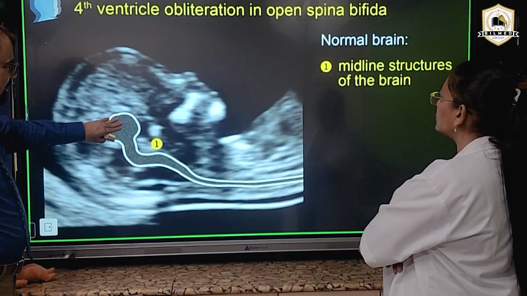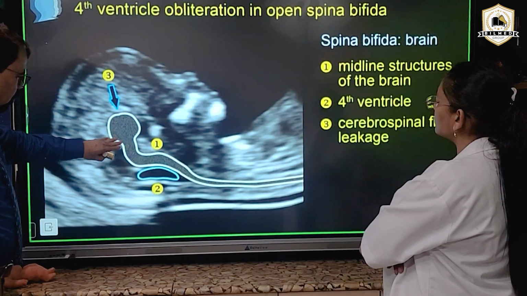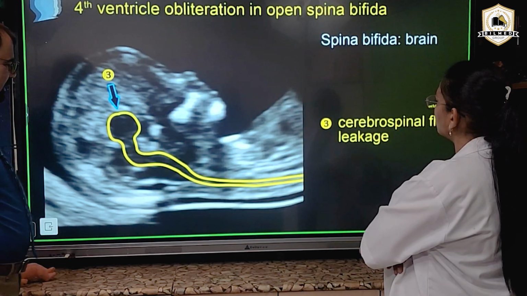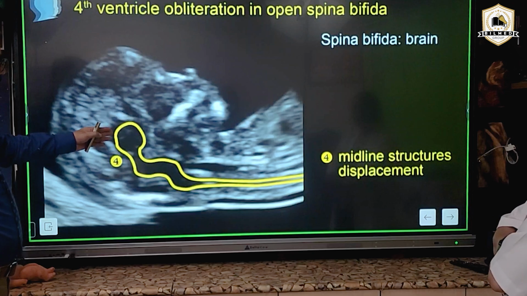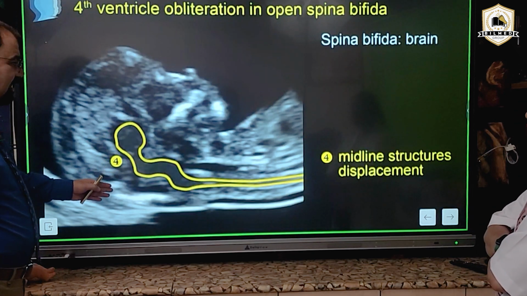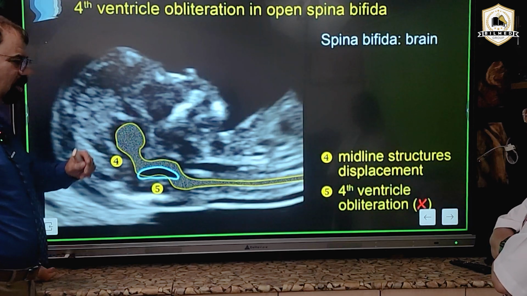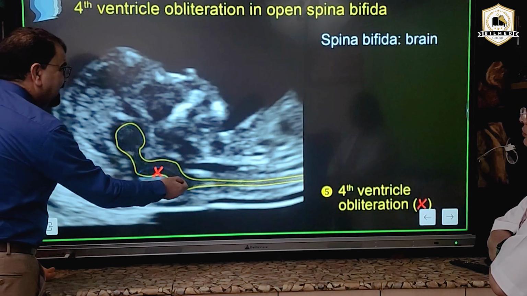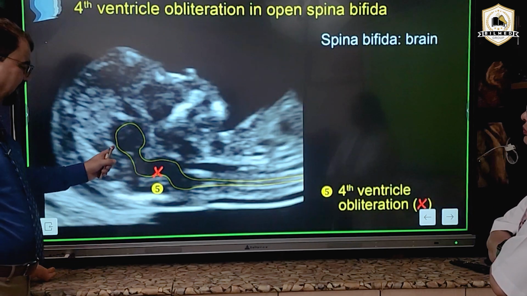If it gets displaced, it will move down and obliterate the fourth ventricle. A leak in the case of spina bifida will lead to obliteration of the fourth ventricle. You will not see the fourth ventricle because I have a spina bifida. So this is the effect of the spina bifida.